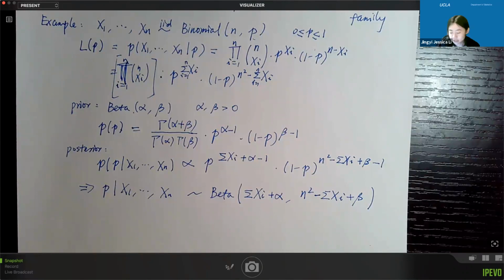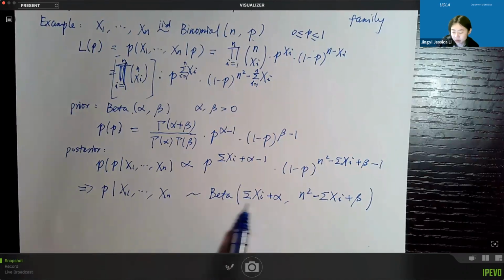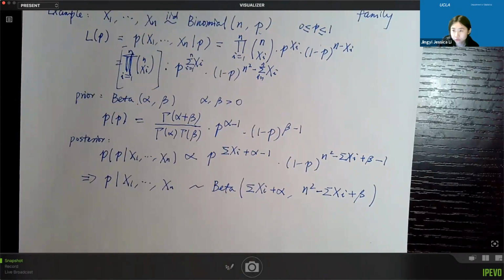Okay, so this is just an example to show you what a conjugate prior is. But the question I left here is that this posterior is not directly usable yet. Usually we construct an estimator from the posterior by taking either the expectation of the posterior or the mode of the posterior distribution.